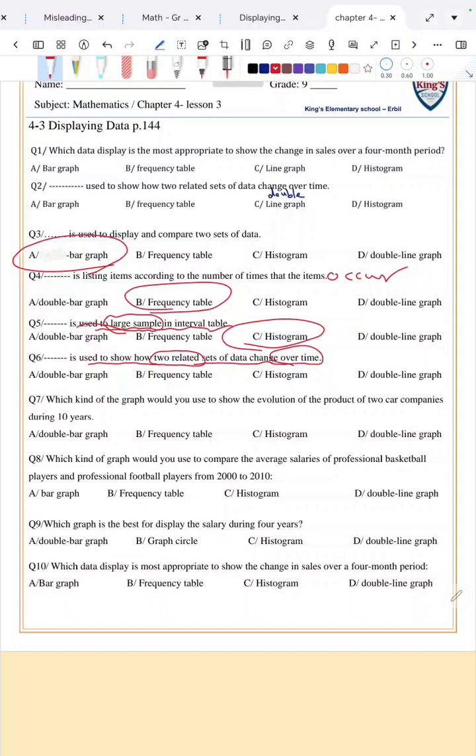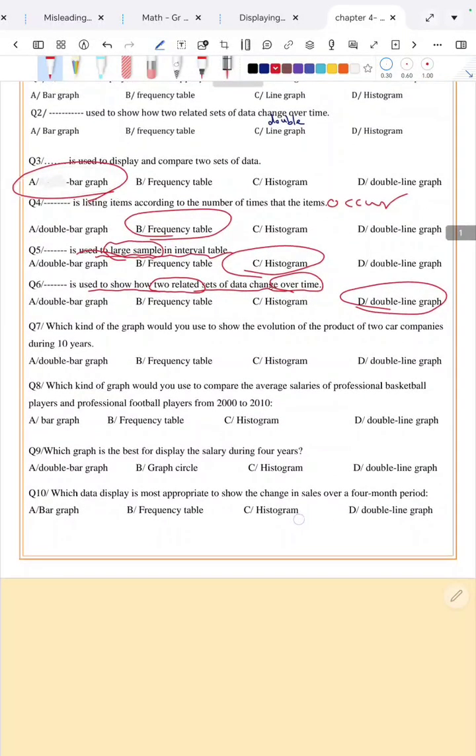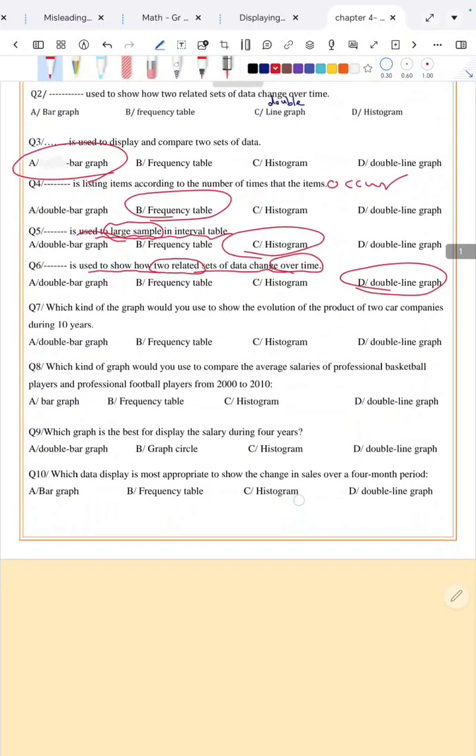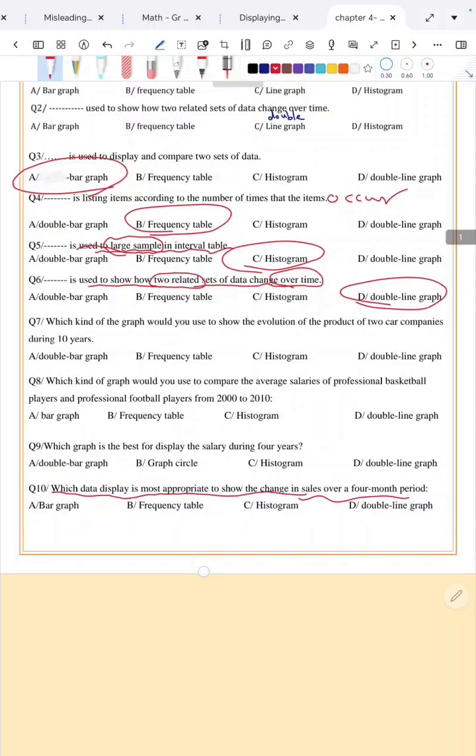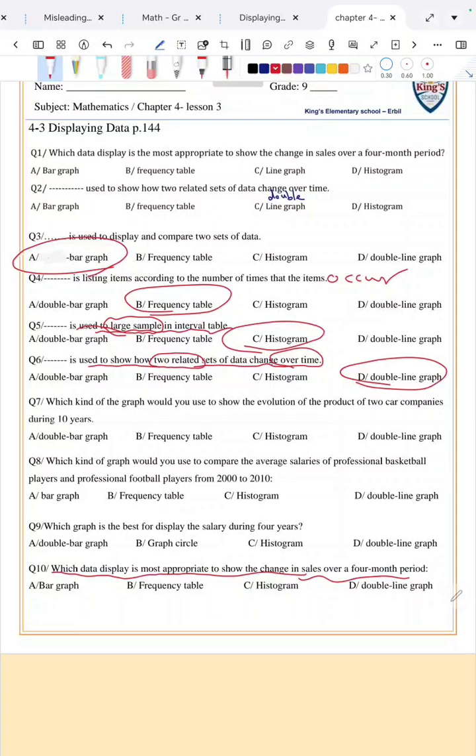So, which one is correct? Double line graph. Okay. Question 10. Which data display is most appropriate to show change? It's the spiral question. We did it. So it's line graph or double line graph. Okay. There is no line graph. That's why we'll choose double line graph.